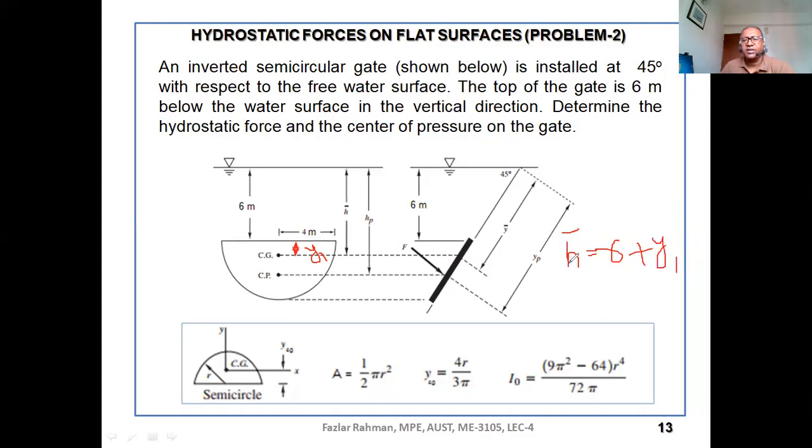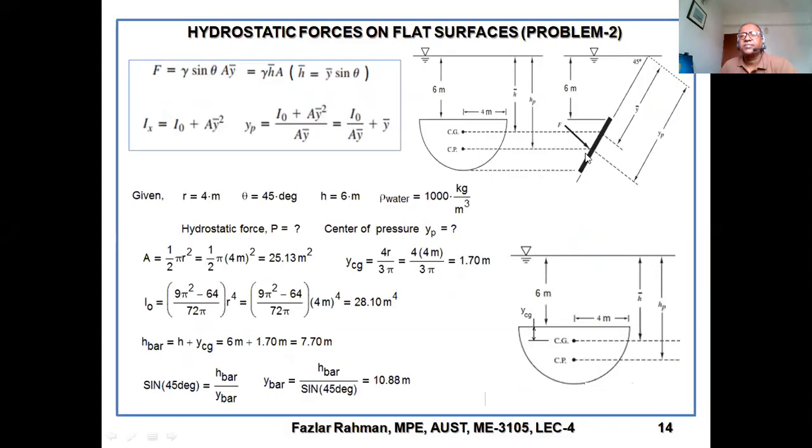Then you apply sine cos, you can figure out this y bar. Okay. So let's see if we can solve it easily. Right over here, we have two formulas. Just mention formula over here. We need to use this one. And we need to figure out the YP from this.